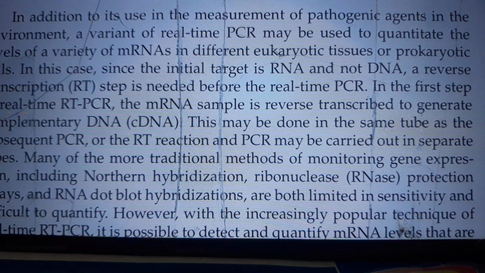In this case, since the initial target is RNA and not DNA, a reverse transcription, or RT, step is needed before the real-time PCR. In the first step of real-time RT-PCR, the mRNA sample is reverse transcribed to generate complementary DNA, cDNA. This may be done in the same tube as a subsequent PCR, or the RT reaction and PCR may be carried out in separate tubes.